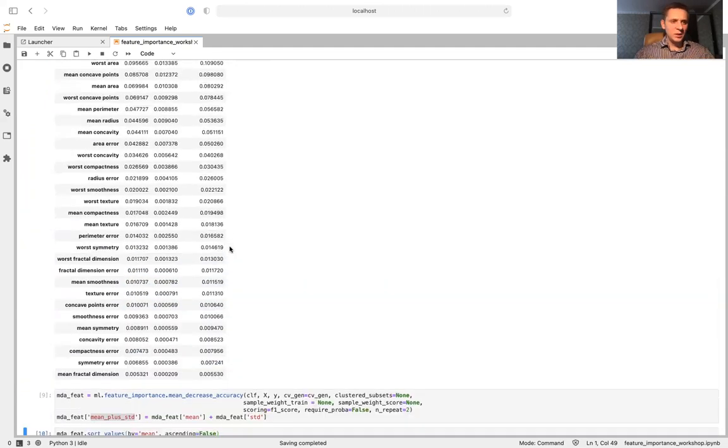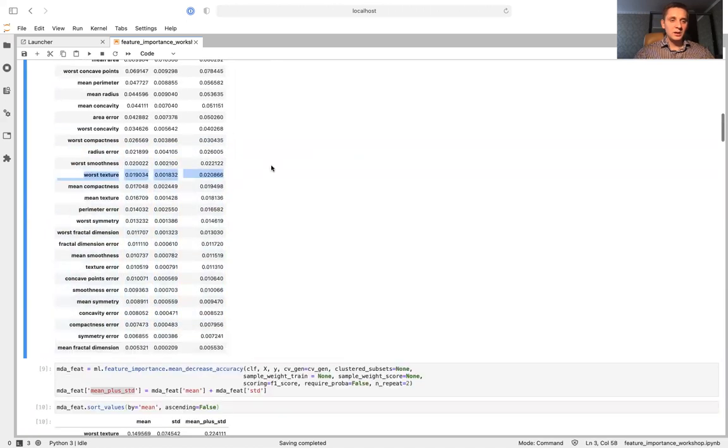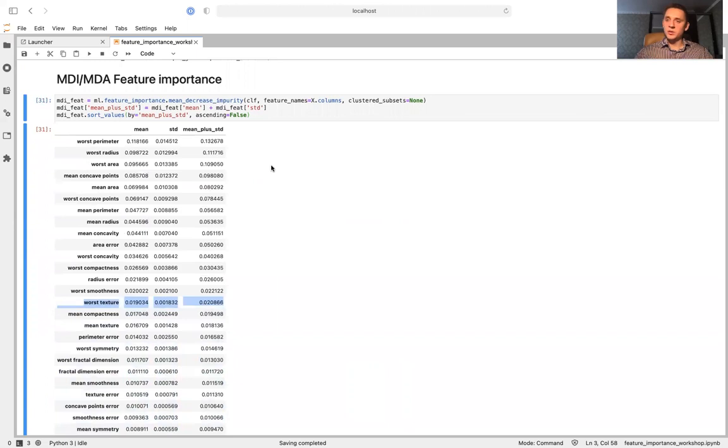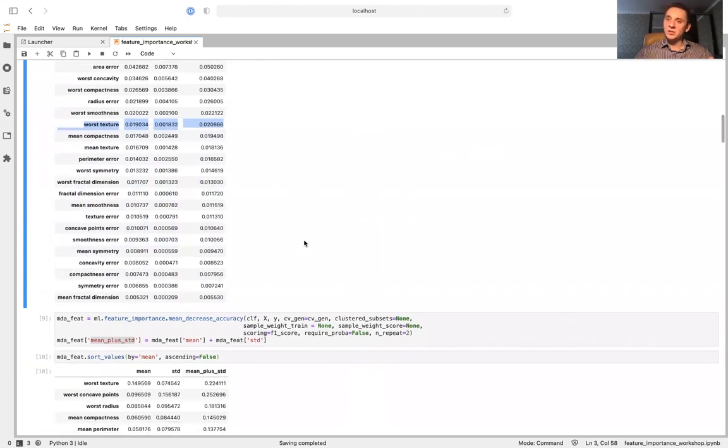But if we take a look at the worst texture feature in MDI, it is quite far away in our feature importance. And this is one of the reasons why usually MDA is more reliable, because it uses your out-of-sample score to measure the importance of features. And that's actually what we are interested in when we try to understand what kind of factors are the most important.